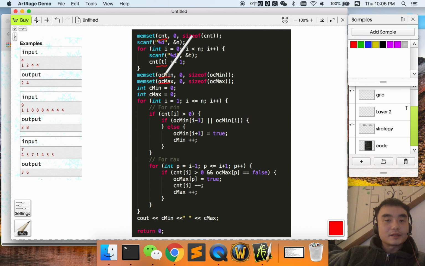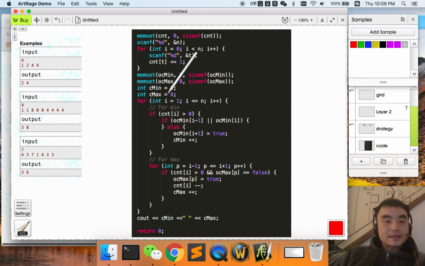So for the minimal number of occupied houses, if OC minimal I minus 1 is true, that means we already place one person at I minus 1 location, right? And if it is false, it means that we don't have a person occupy this house, right?